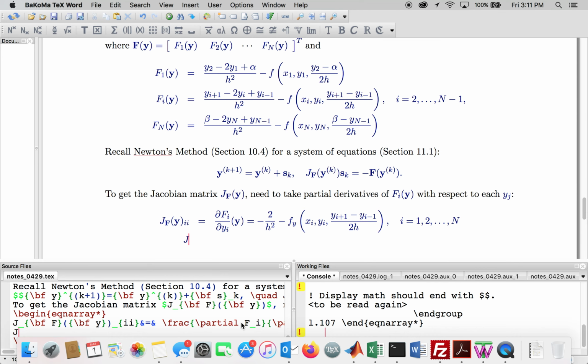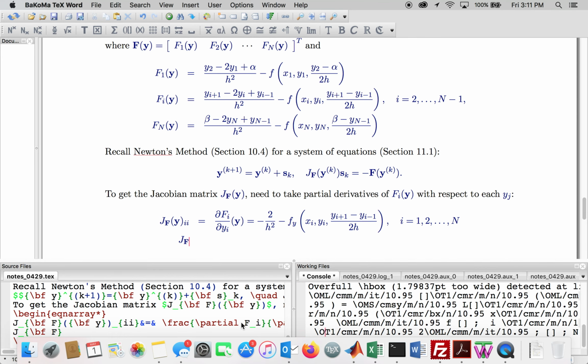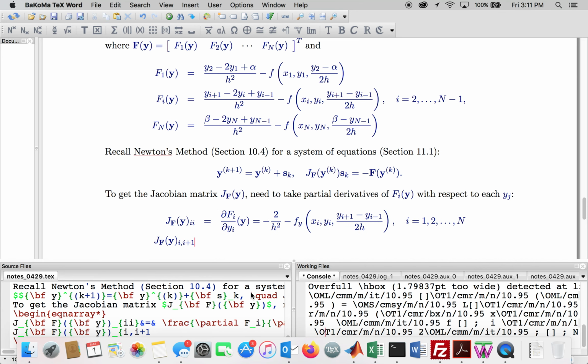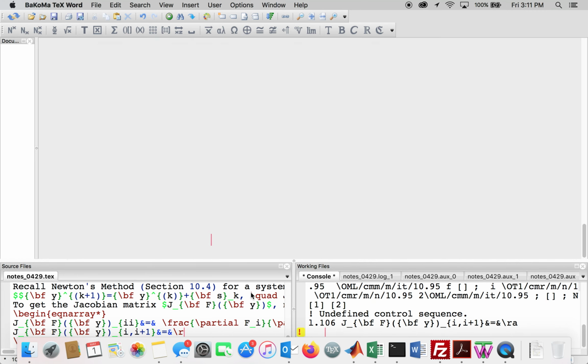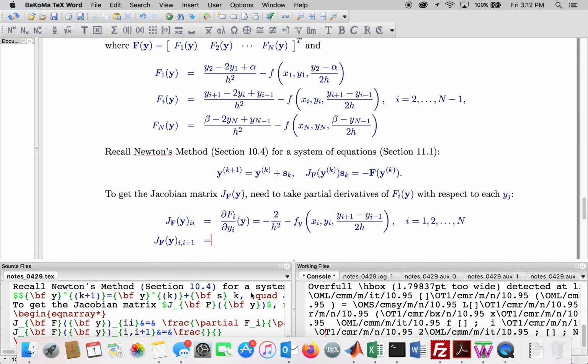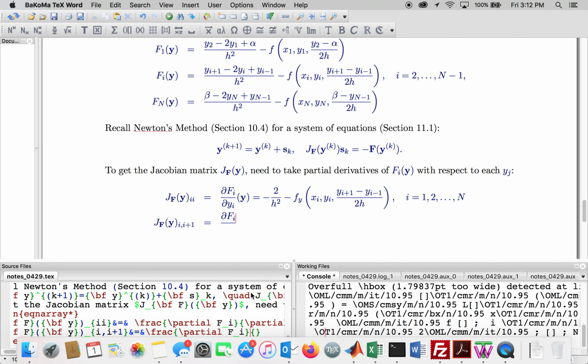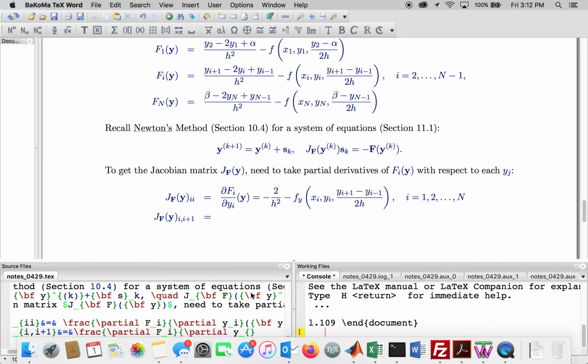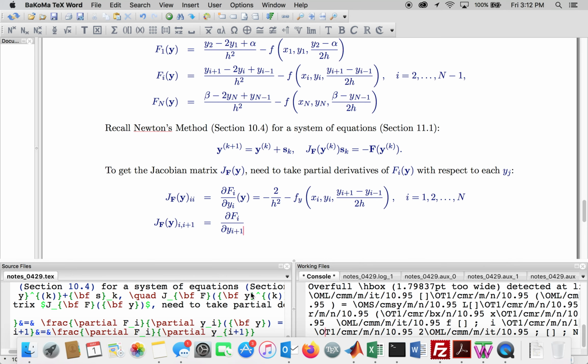Now, next, I want to look at derivative with respect to yi plus 1. So this is the entry in row i, column i plus 1. All right, so that would be partial of fi with respect to yi plus 1.